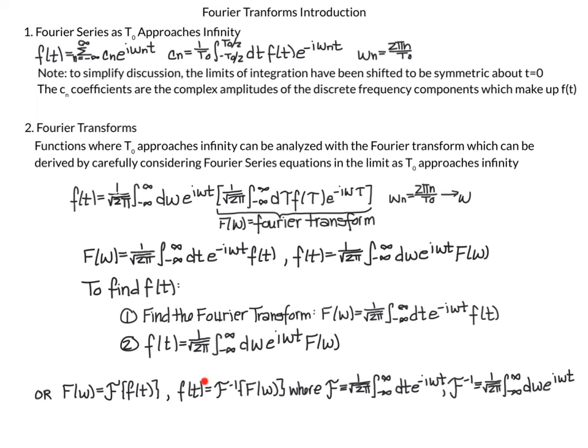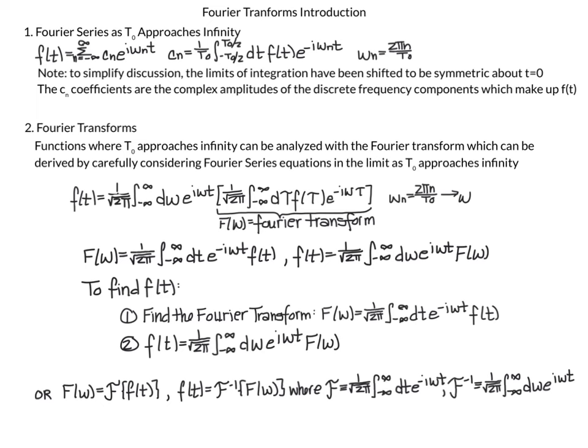There are a couple of other notations sometimes used: F of omega is equal to this fancy F, the Fourier transform of f of t, or f of t is the inverse Fourier transform of F of omega, where this fancy F is equal to 1 over square root of 2 pi, integral from negative infinity to infinity, e to the minus i omega t. And here's our formula for the inverse of our fancy F, which is 1 over square root of 2 pi, integral from negative infinity to infinity, e to the i omega t.